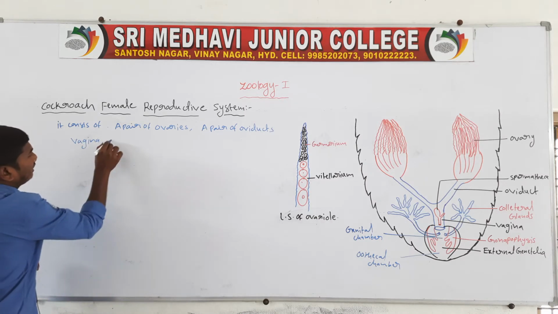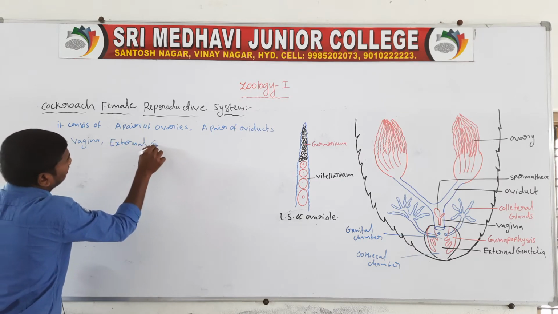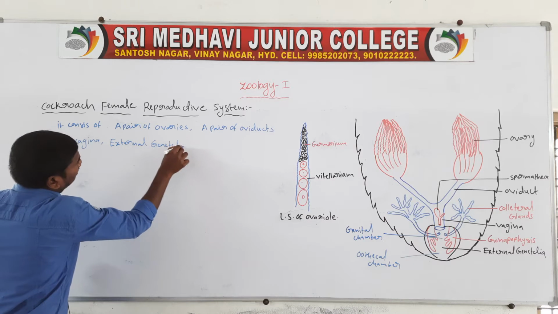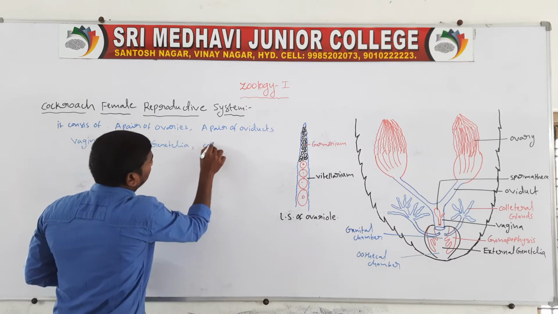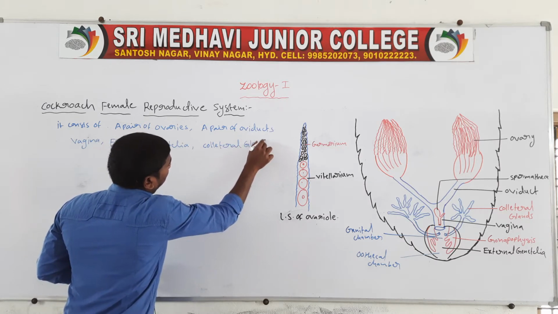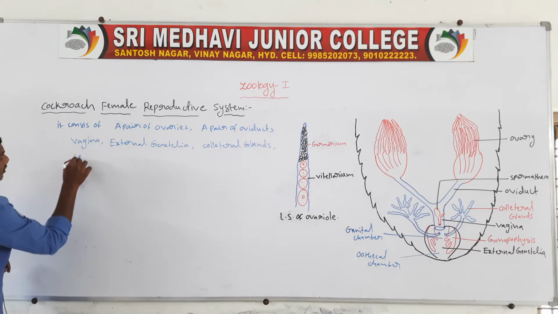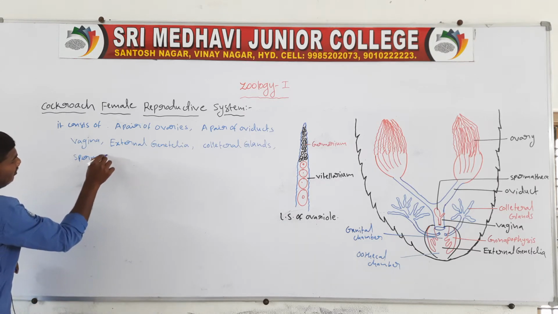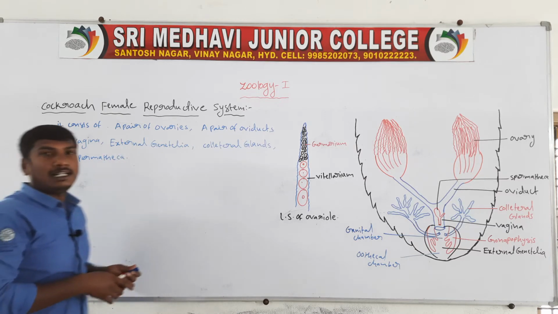Next one, external genitalia. Glands, so collateral glands. Next one, spermatheca. So these are the parts of the female reproductive system.